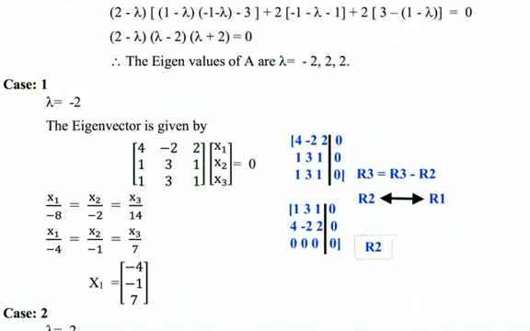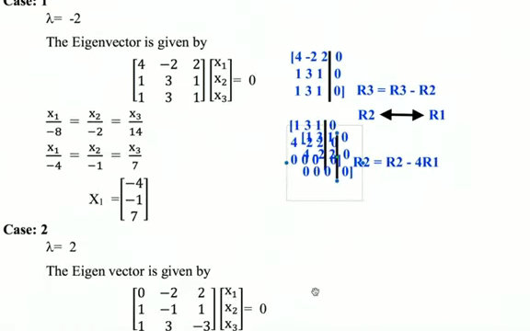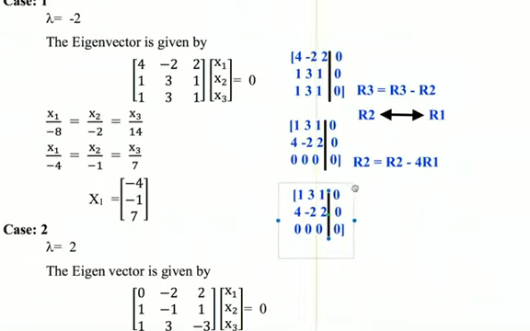R2 must be equal to R2 minus 4R1. That is what makes the first element of the second row 0.